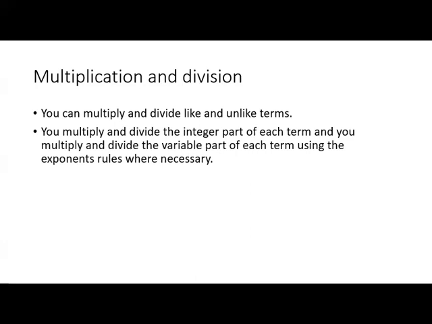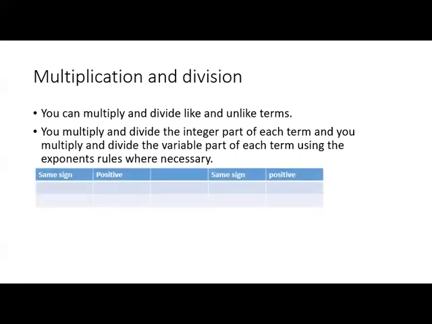Let's take it back to grade 7. When you multiply same sign, your answer will always be positive. Meaning that when you multiply negative with negative, your answer will be positive. For instance, what is negative 4 times negative 3?